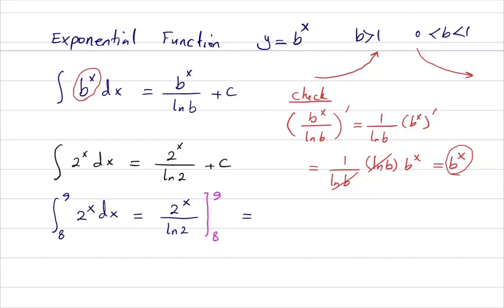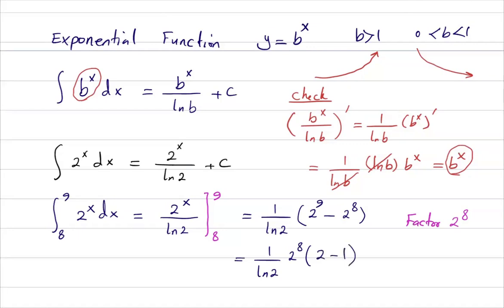This can be written as 1 over ln of 2, and then 2 to the power 9 minus 2 to the power 8. If I factor out 2 to the power 8, you get 1 divided by ln of 2, times 2 to the power 8, but 2 to the power 9 is basically 2 to the power 8 times 2, so you have 2 minus 1.